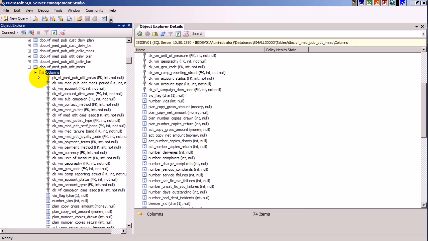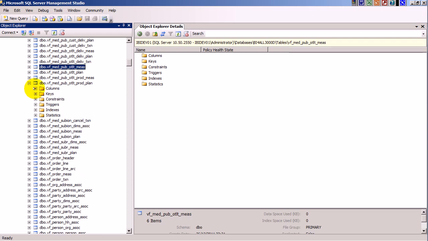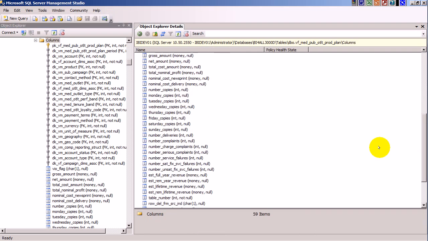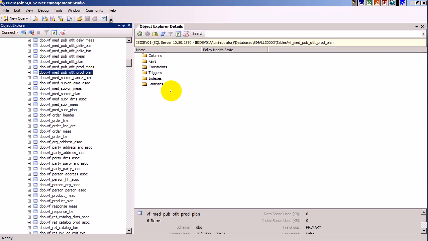Because in a newspaper, your outlets are a big deal. And then outlet product plan is similar at the product level. Okay, so number of copies, etc., for the individual product. Because some newspapers print more than one newspaper, and certainly magazine publishers print more than one magazine. Okay, so those are the sort of things.